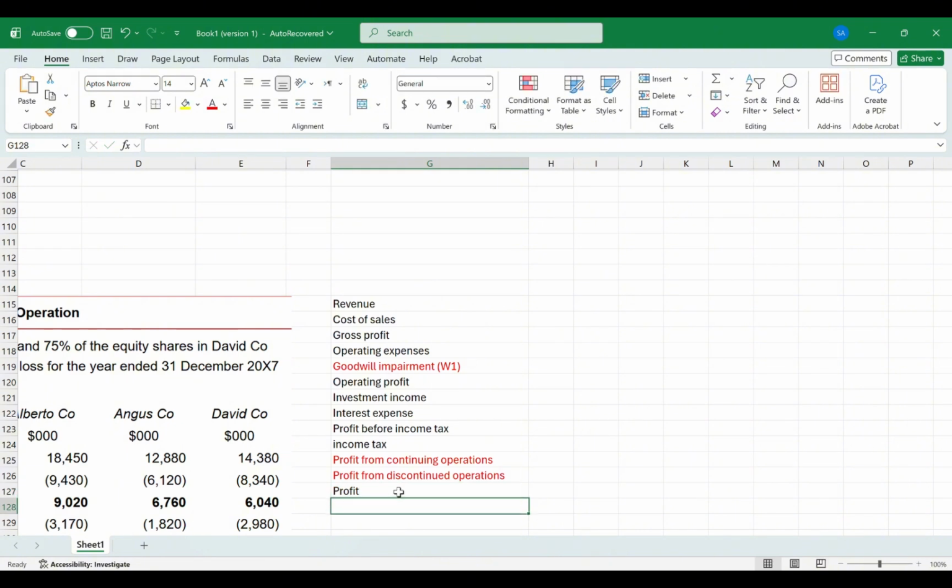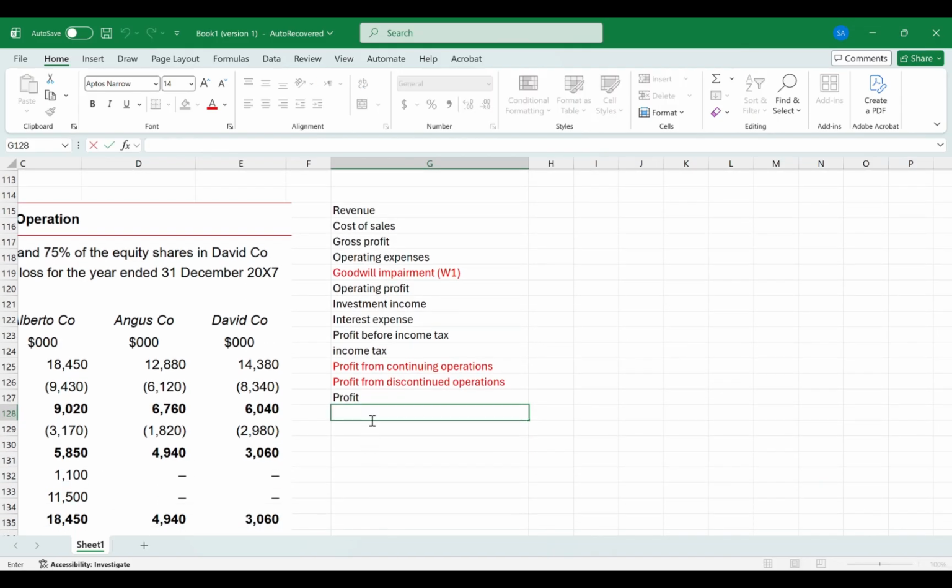Now this profit you have to attribute among the parent and the NCI. This section is new. So it is attributable to owners of the parent. So when you attribute to the owners of the parent, remember two things you have to attribute: profit from continuing versus profit from discontinuing operation.